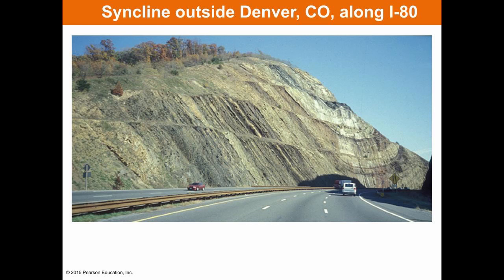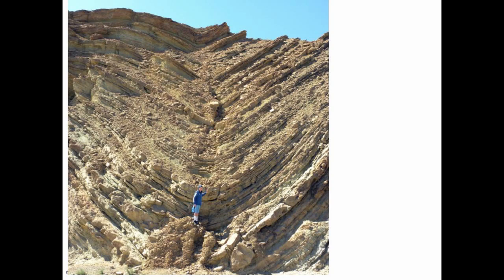In the center of that bowl, that white and that black strata up there in the center of the syncline. Exactly. Here is an example with a person in it for scale. This large, very tall stack of strata was all deformed in such a way to cause this syncline to form.